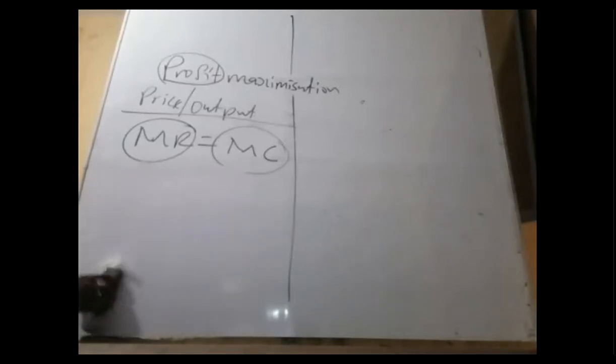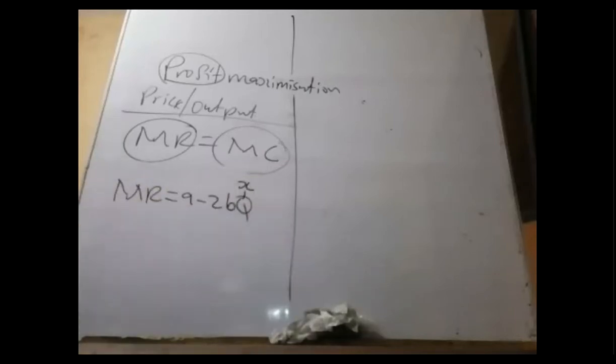Let's use a different approach. So the approach that we are going to use is this. We first have to find the price, and then increase the quantity over there. So we give a marginal revenue function to be as this: marginal revenue, the function is equal to A minus, in fact, let's say A minus 2BQ, where Q can also sometimes be referred to as X. This is the output.